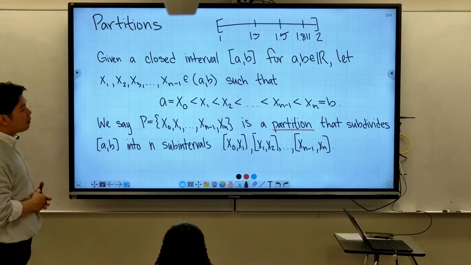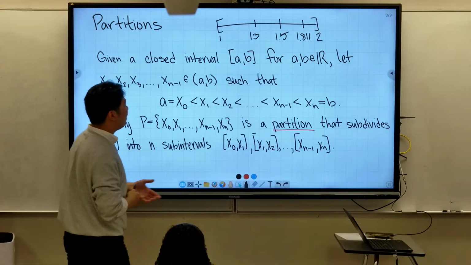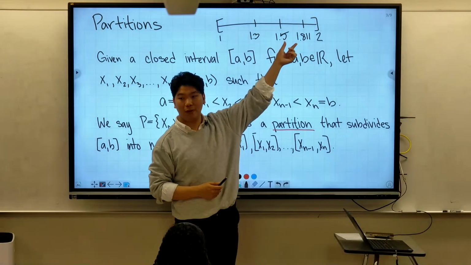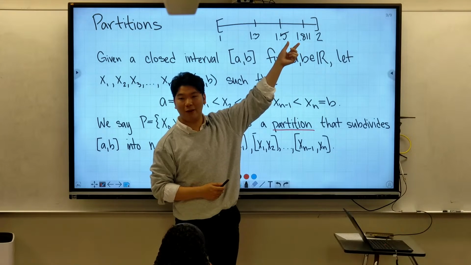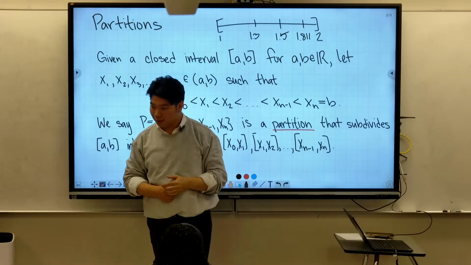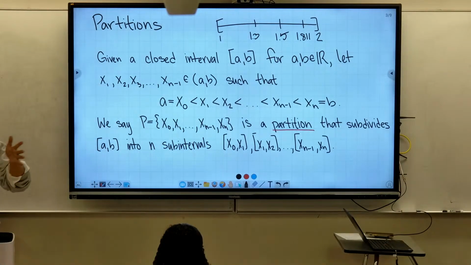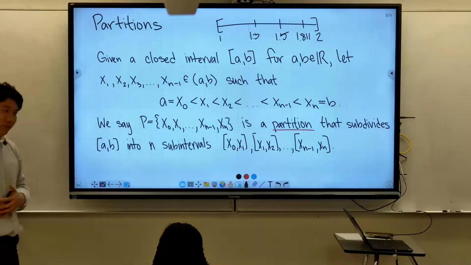This is definitely not to scale, but it looks like the biggest interval would be this one, 1.5 to 1.811. You just told me that one's the widest. We got it from 1.811 minus 1.5, that's 0.311, for example.